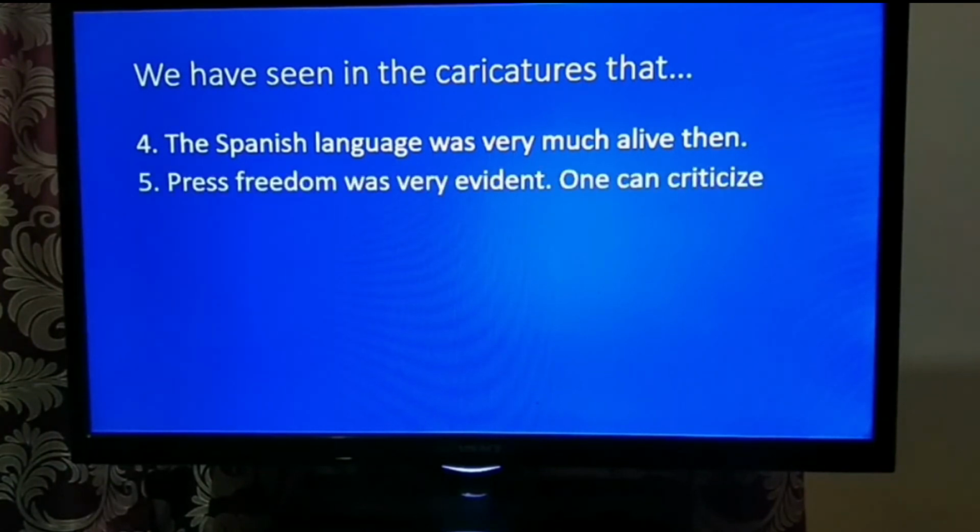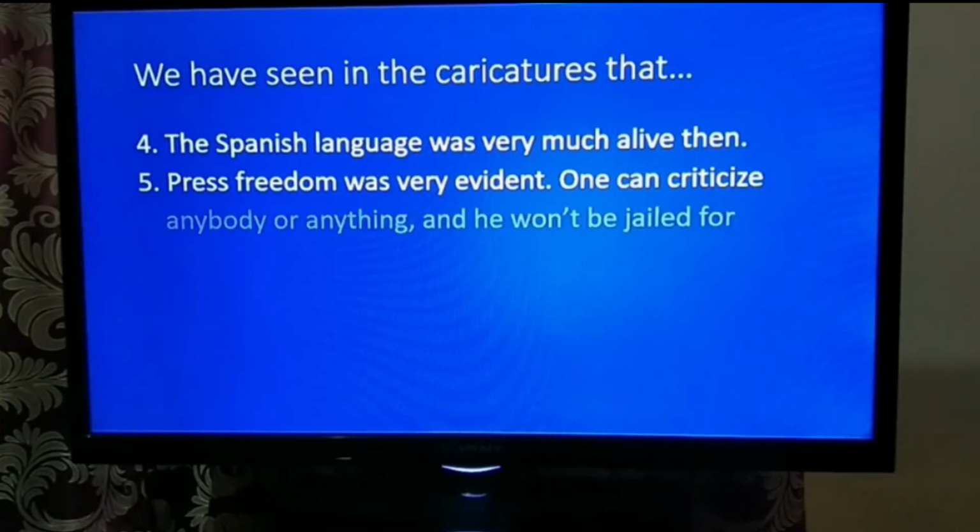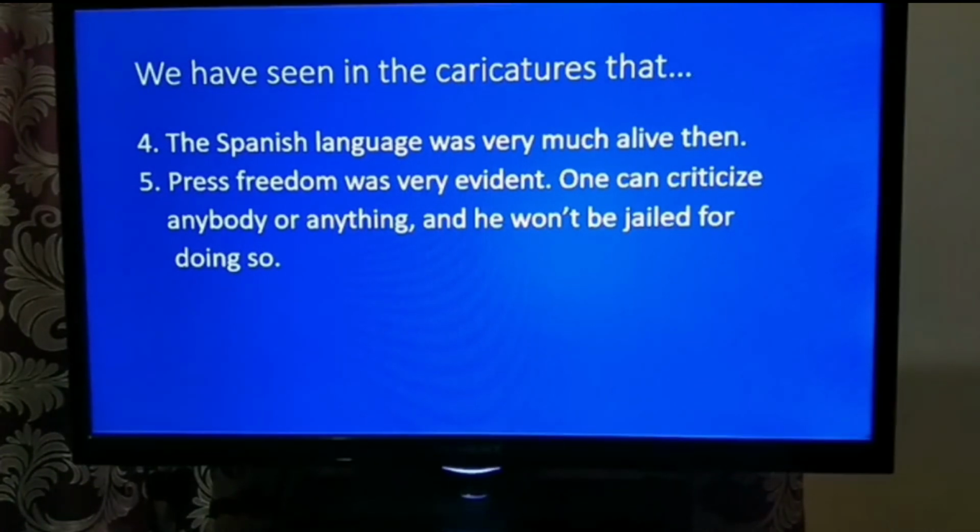And number 5, we can see that press freedom was evident. With all these caricatures, you can see that the Filipinos have learned what the Americans do. They can criticize their government, they can criticize their own people through the media, through caricatures, and you don't go to jail.